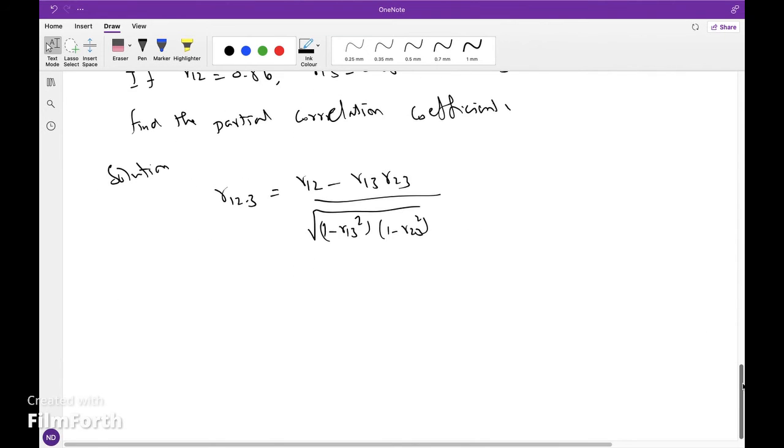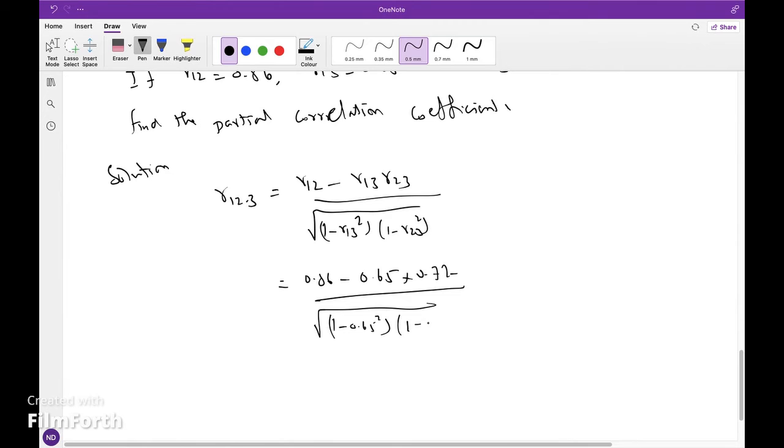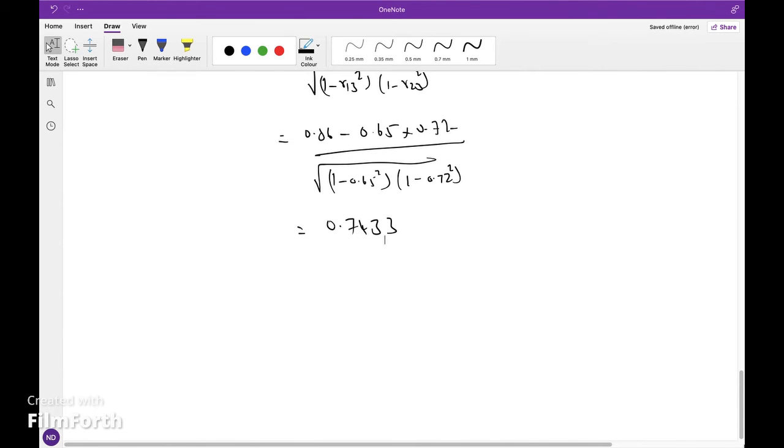So substitute the values: (0.86 minus 0.65 into 0.72) the whole divided by the square root of (1 minus 0.65 squared) into (1 minus 0.72 squared). Using a calculator you can get the value 0.7433. If the values of r12, r13 and r23 are given directly, we can use this method.